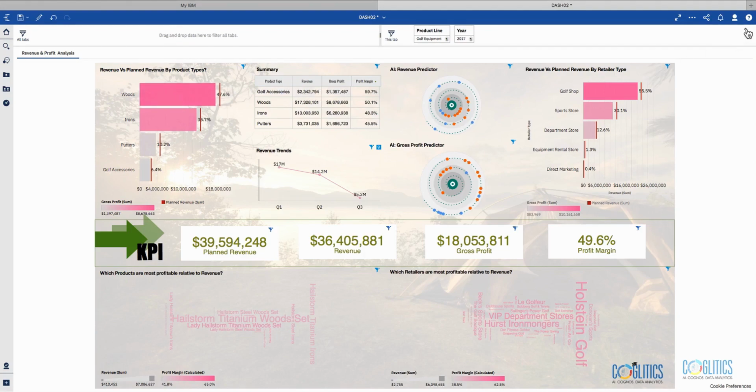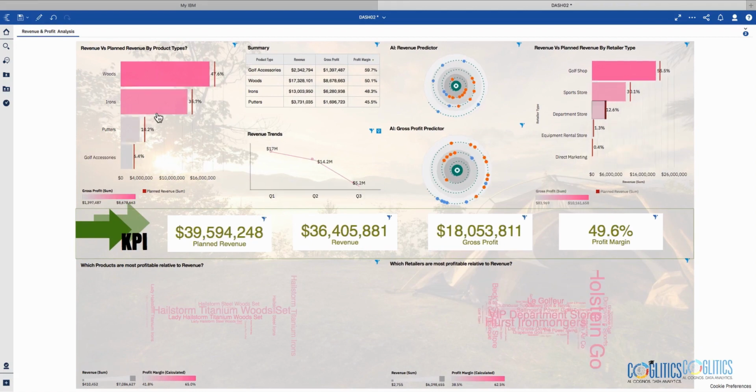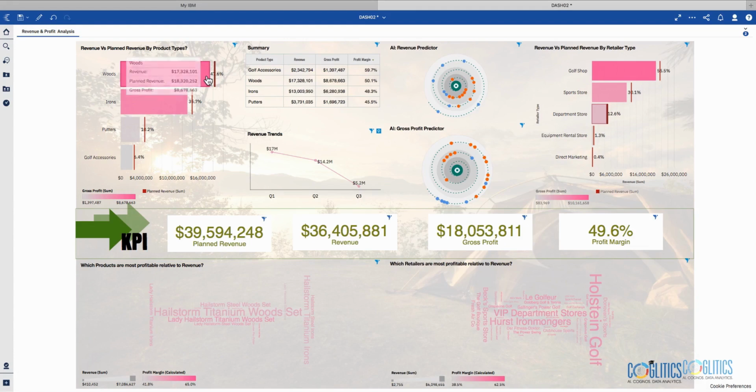This is a very good technique to have as a data visualizer. It is good to give users different ways to view their data, because relatively I can tell that woods has a 47% share of our revenue, but in terms of our profit margin, we see that golf accessories is where we are making most of our money.